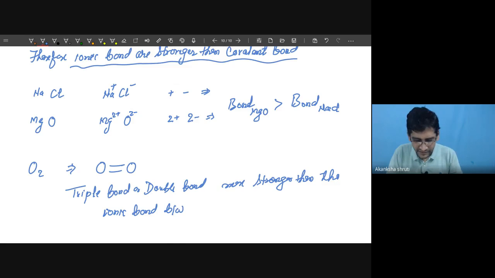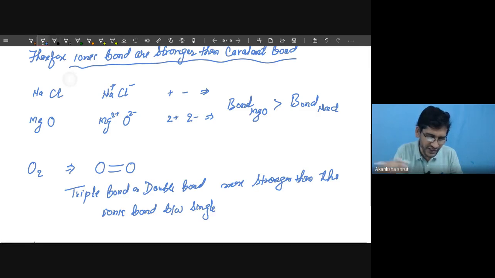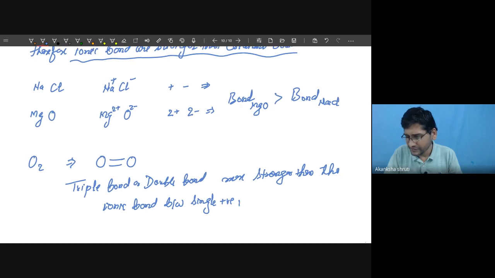An ionic bond is between a single positive and a single negative ion. Means one cation, one anion, or monocation, monoanion. That is basically a single positive ion, write in bracket, monocation.